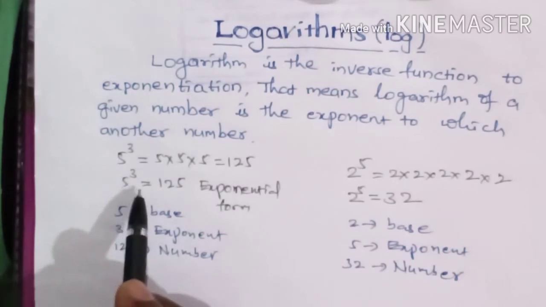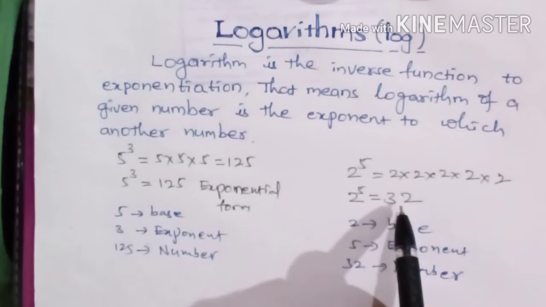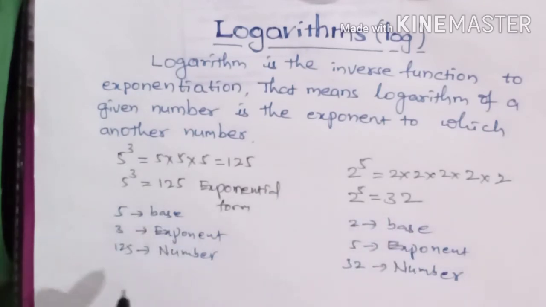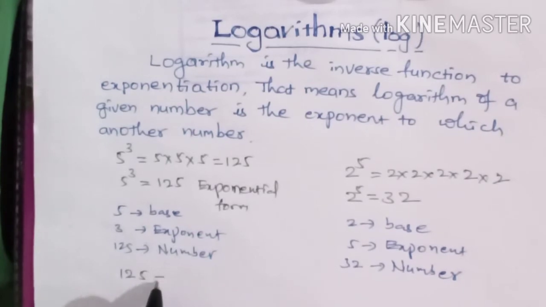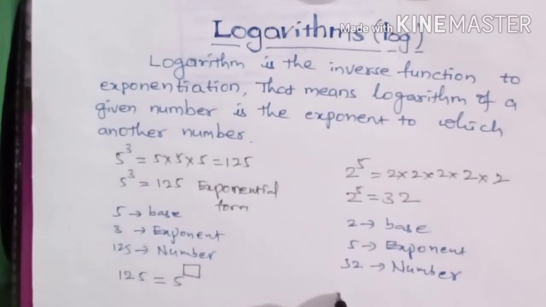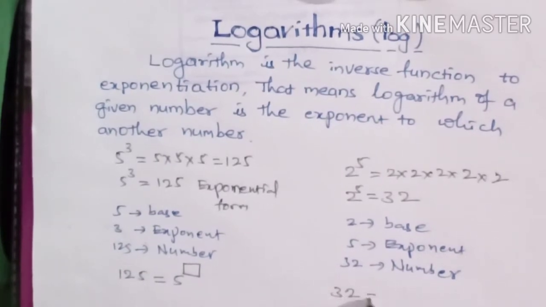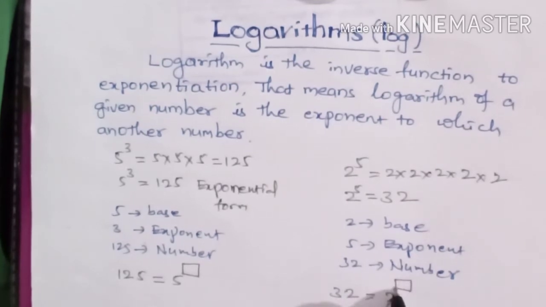Here 5 cube is equal to 125, and 2 to the power of 5 is equal to 32. Here 125 is equal to 5 to the power of dash, and 32 is equal to 2 to the power of dash.